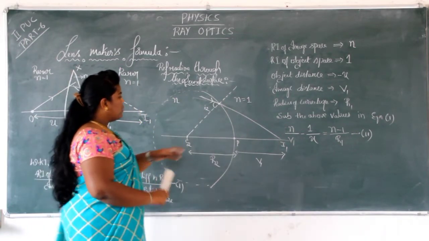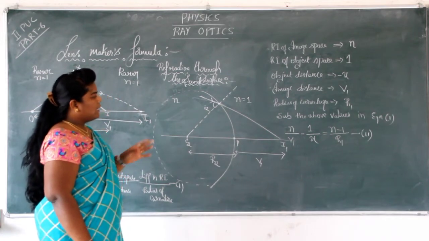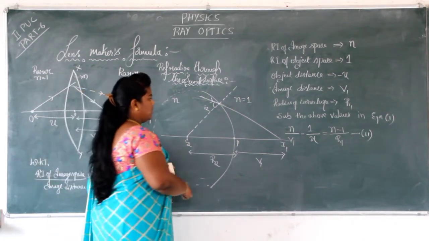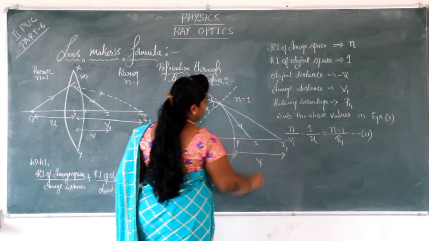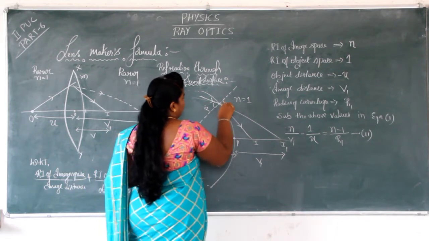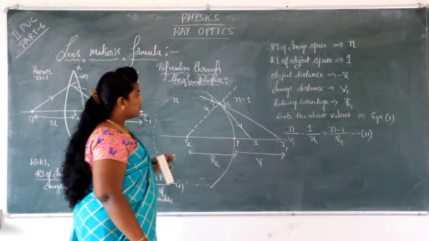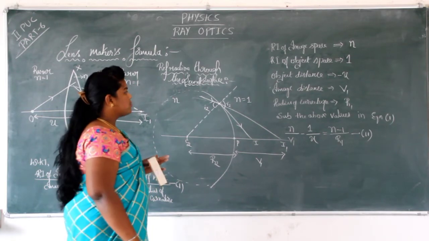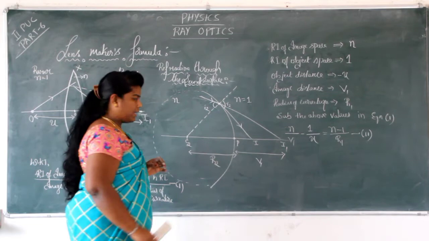Then the incident ray of light is going to bend away from the normal and forms a final image at I. The angle of refraction is R2, which is present between the normal and the refracted ray.